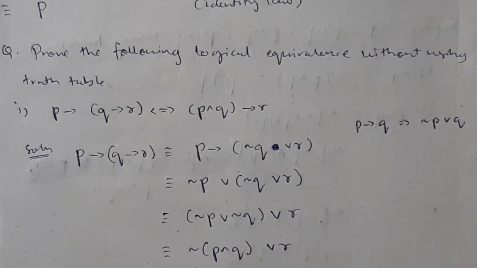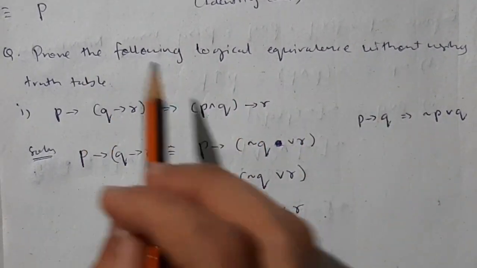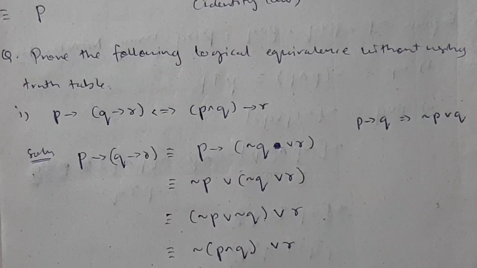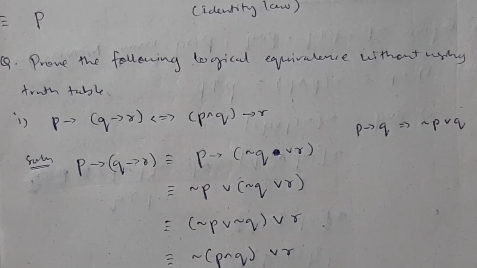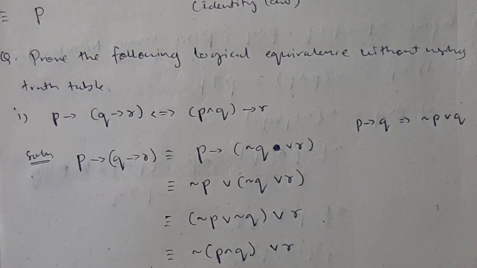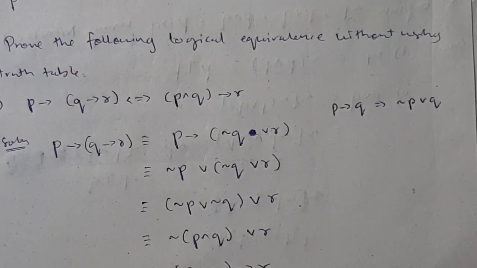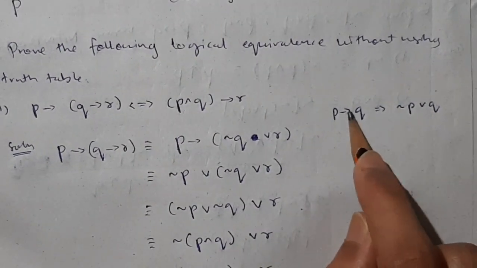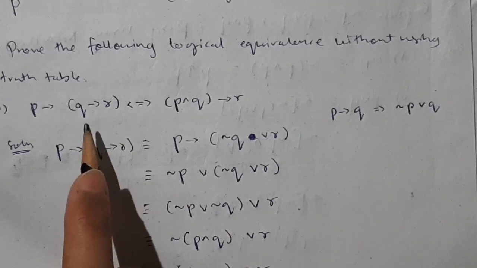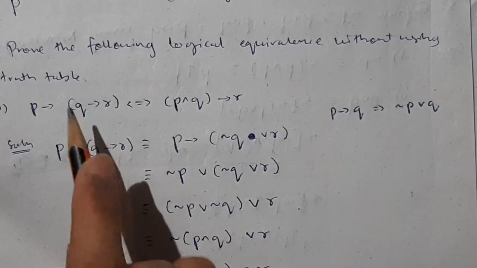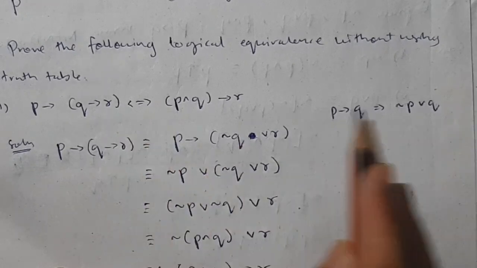Let's see another question. The question will be of this type: prove the following logical equivalence without using a truth table. Okay, so you'll use the laws of logic here, and this is the conditional here. For the conditional, I have written this basic law here for your reference: P conditional Q is logically equivalent to NOT P OR Q. Now see, you have to start from here, the LHS, open this bracket and write it in this form.